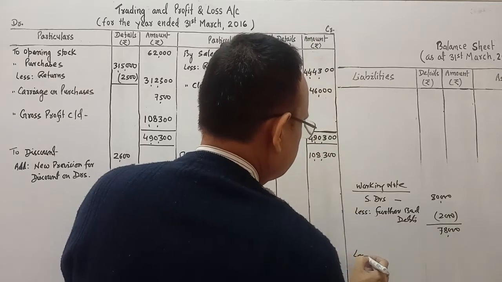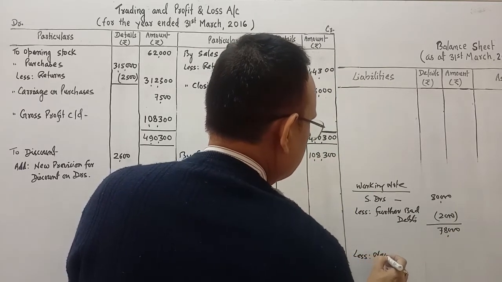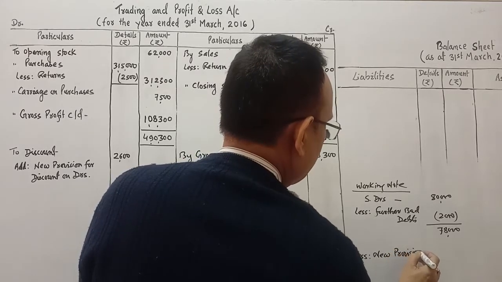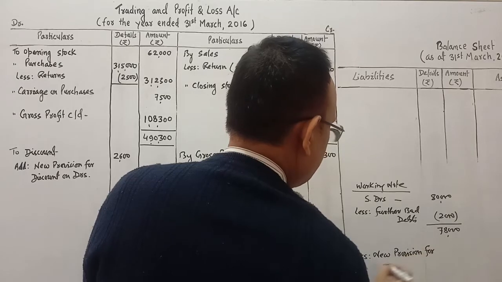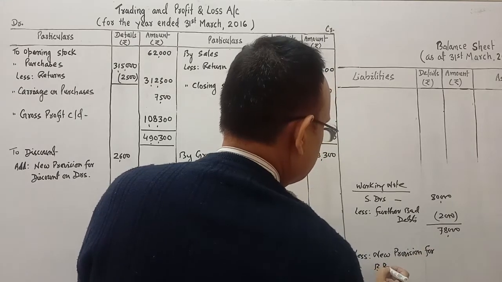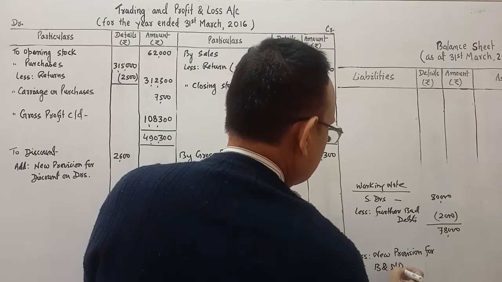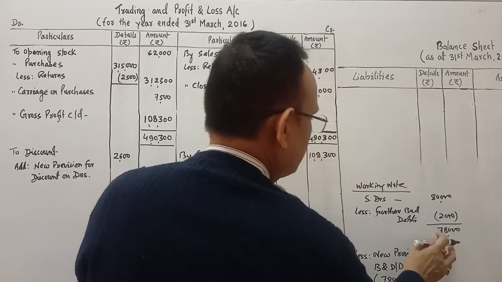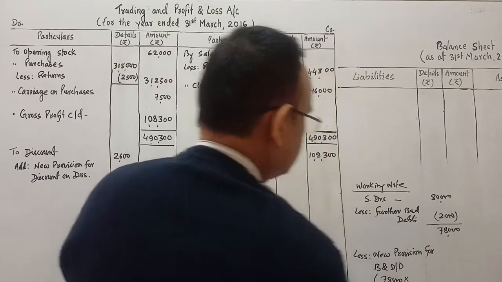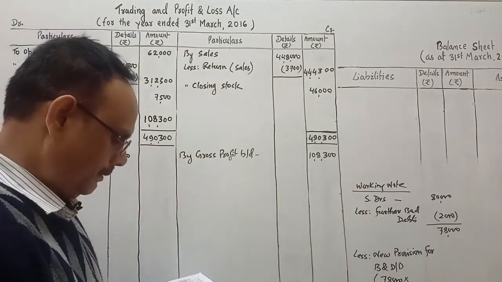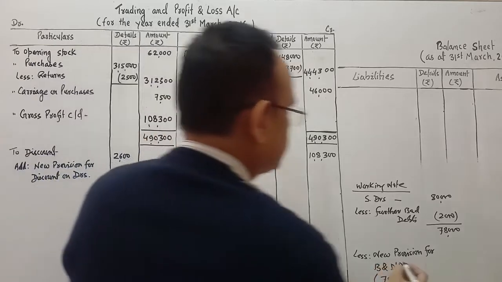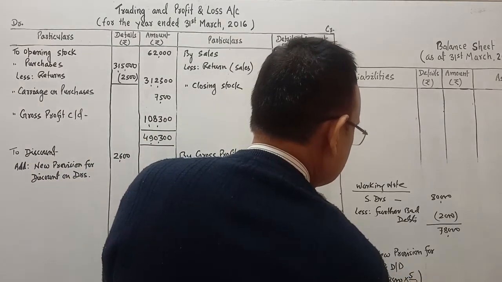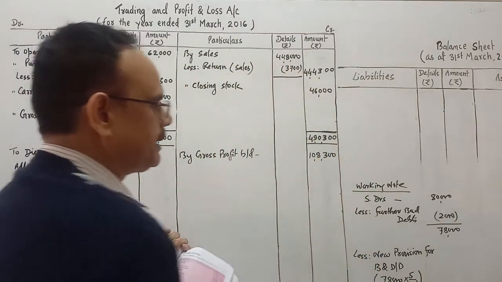Now we will deduct the new provision for bad and doubtful debts, which we will calculate on this amount, 78,000, after deduction of further bad debts. So 5% is the new provision for bad and doubtful debts.